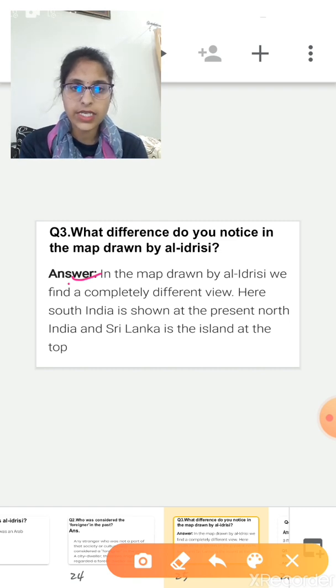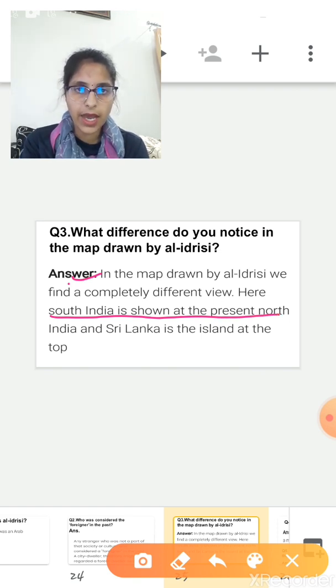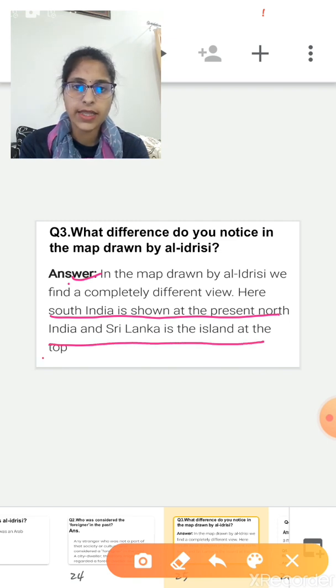Here, South India is shown at the present North India. That means in Al Idrisi's map, Sri Lanka is located on the top of India and South India is in the north. So South India is shown at the present North India and Sri Lanka is the island at the top.